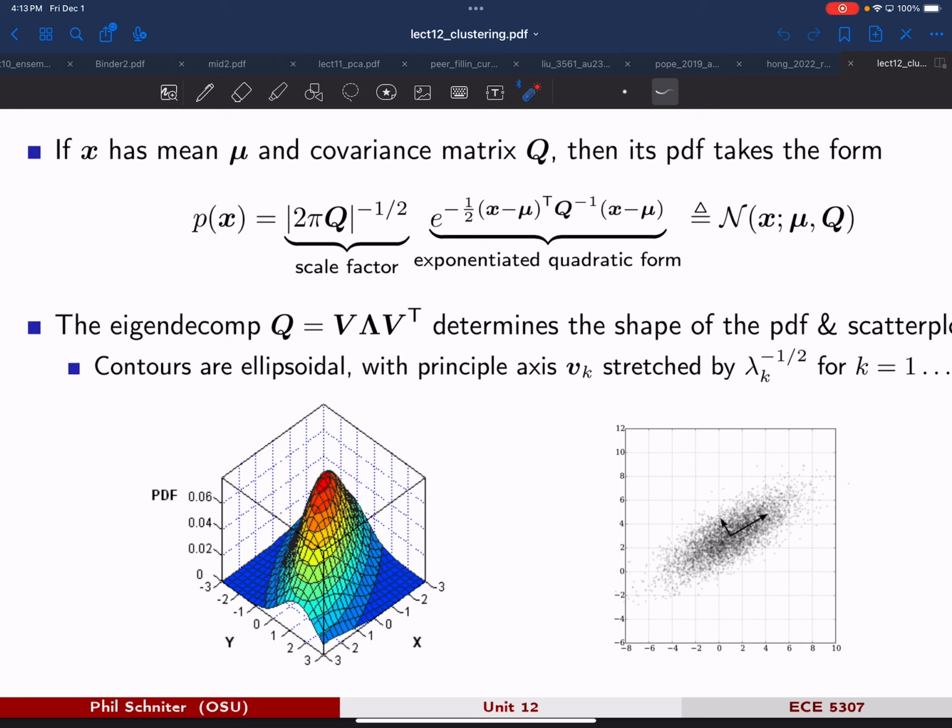And number two, the principal axes of these ellipses are given by the eigenvectors in V. And the lengths of those principal axes are given by the square root. There's actually a typo, this should be the power 1/2, a square root of the eigenvalues. So eigenvalues and eigenvectors of Q tell you exactly how that Gaussian PDF is stretched.